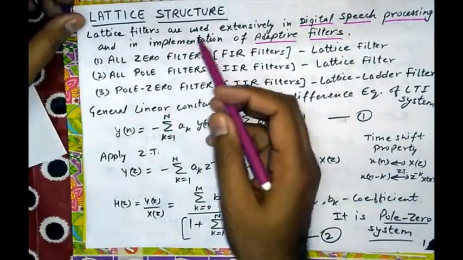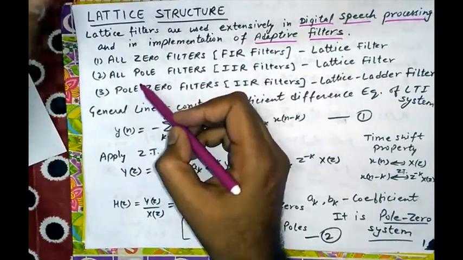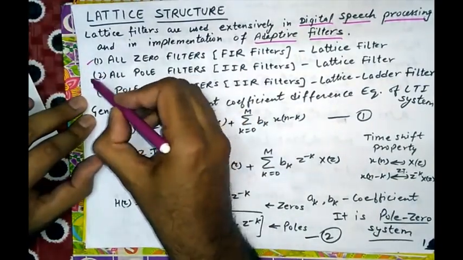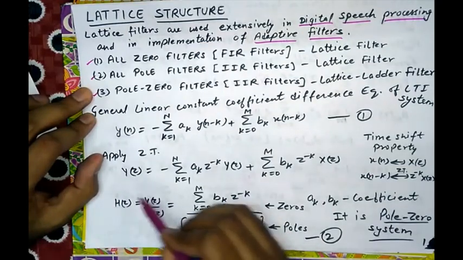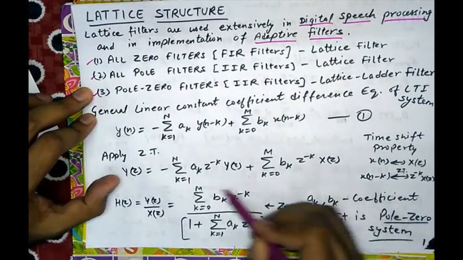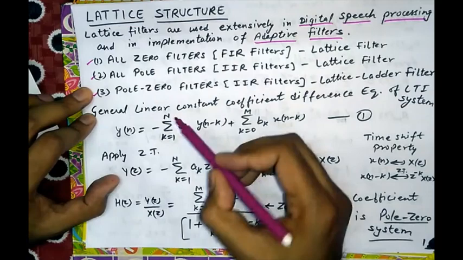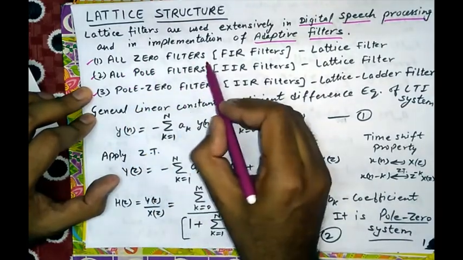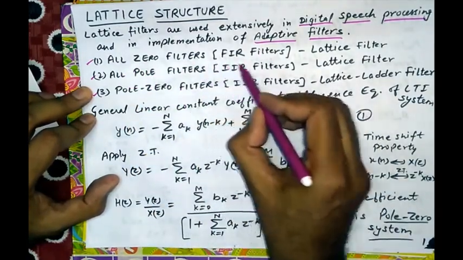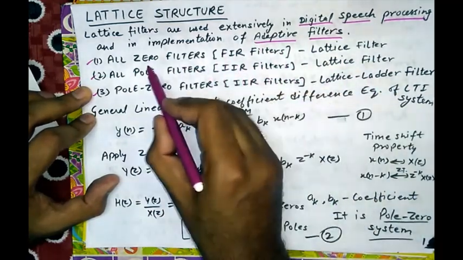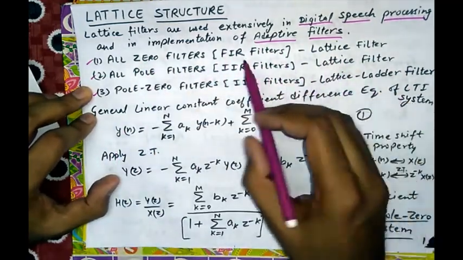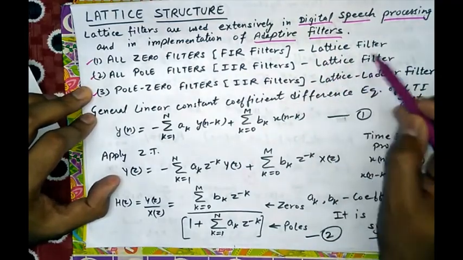Now, to design a lattice filter or lattice structure, we have three types, because the system transfer function of any filter has some zeros and poles. If we have a system transfer function having all zeros, there is no pole, then we are going to study the FIR filter basically, because FIR filters are all zero filters, and it is known as lattice filter.